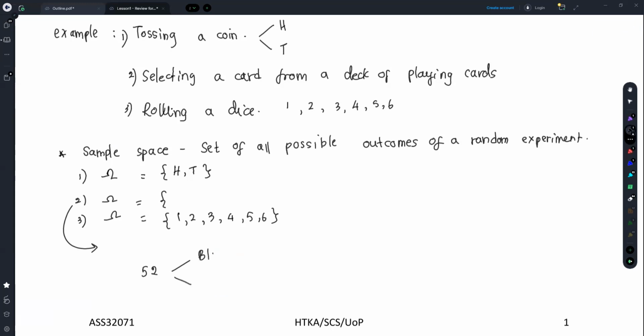So you have black, 26, and red, 26. And then you have 4 suits, 2 from each color. What are they?